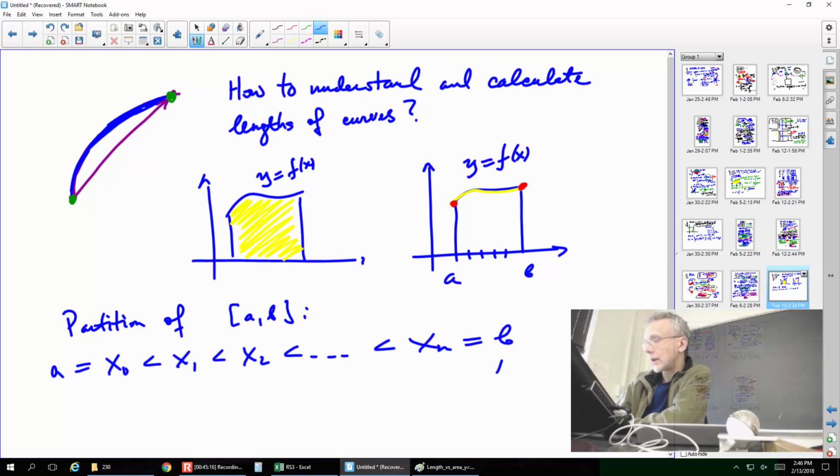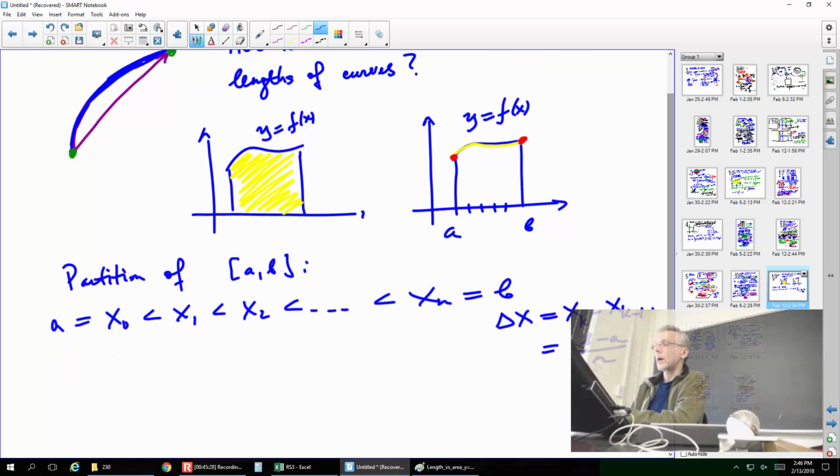Delta x is xk minus xk minus 1, which is the same as b minus a over n. Now, what does it do for us? It splits our curve into n pieces.